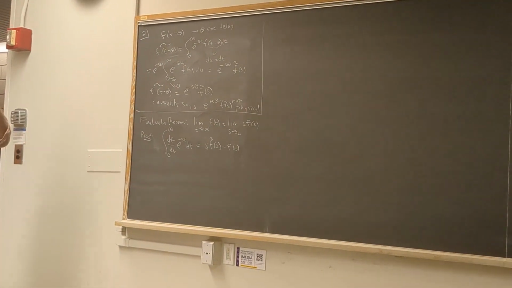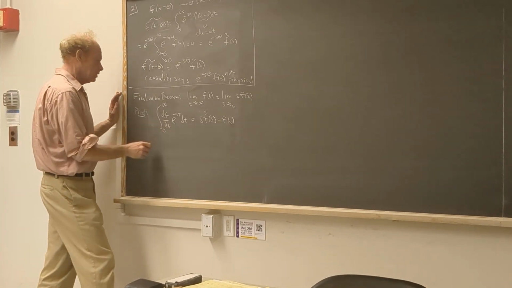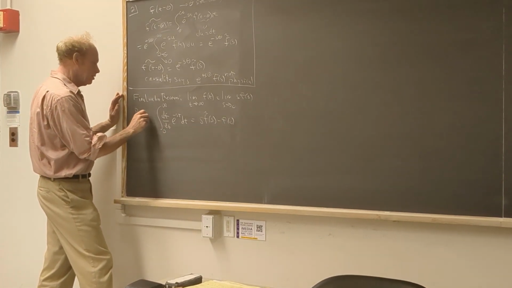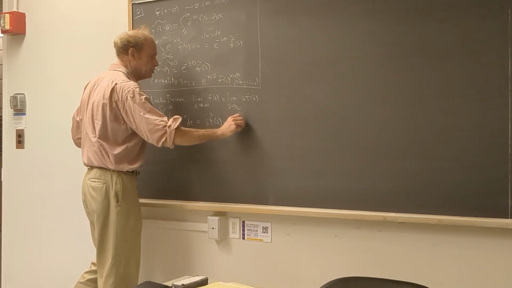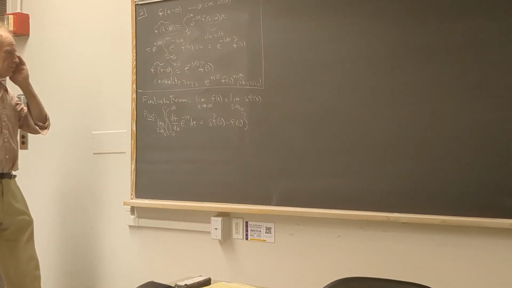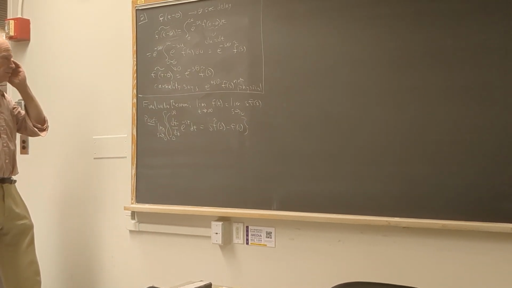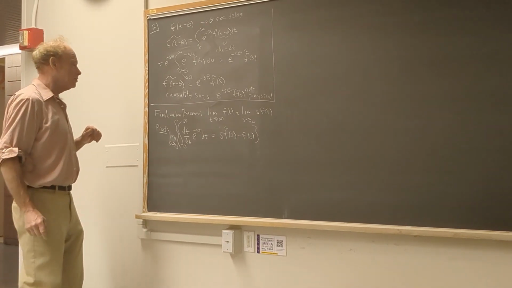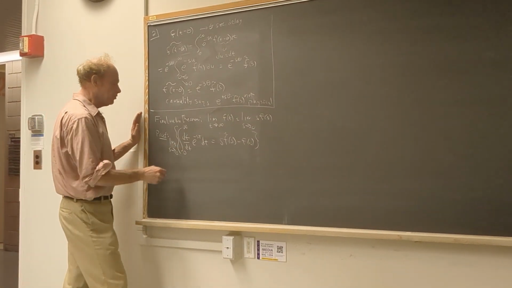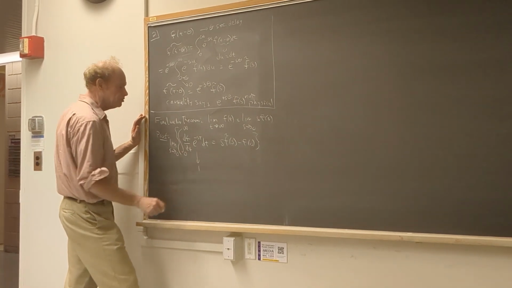And now let's take the limit as s goes to 0 of both sides of the equation. If I take the limit as s goes to 0 of the left-hand side, when s goes to 0, this thing goes to 1.